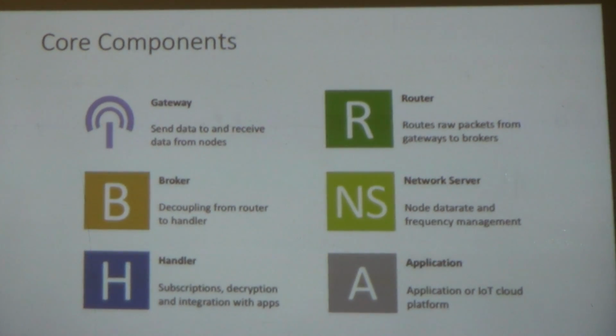Then we have a network server. It's essential for LoRa connections. It's to control the data rate of the nodes and to keep track of the frequencies that are used for the nodes, and also to assign addresses for over-the-air activation. Then we have the handler, and the handler acts on behalf of the application. And then we have the application in the bottom right.